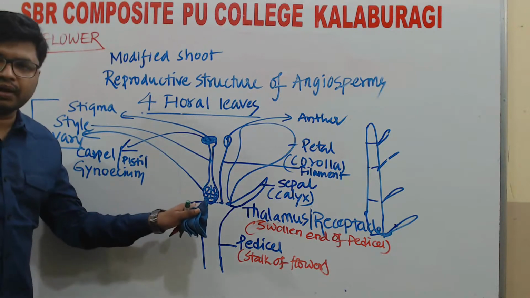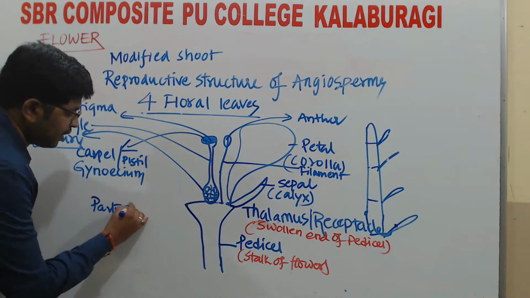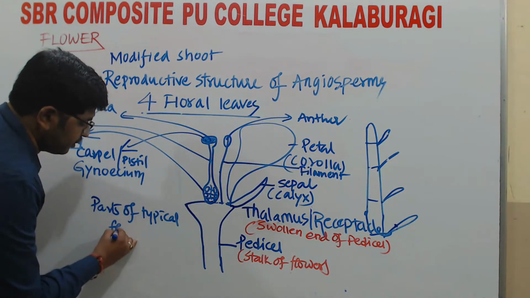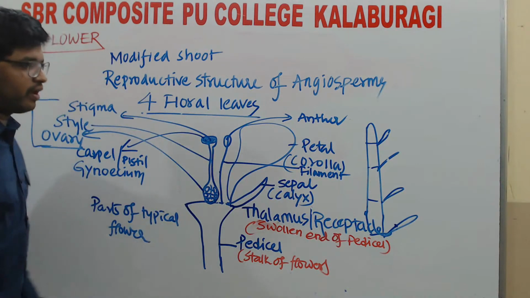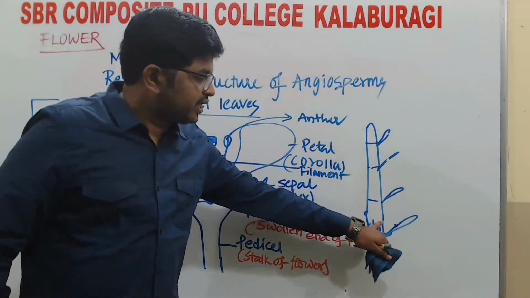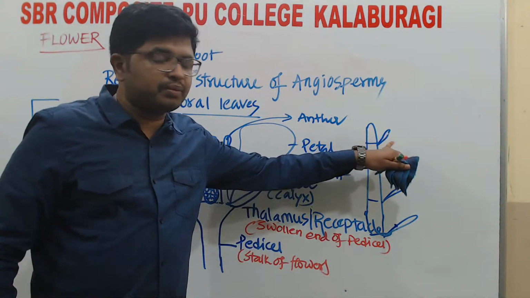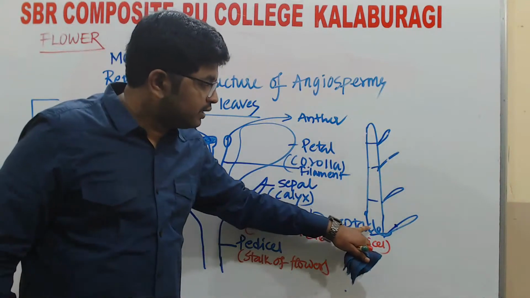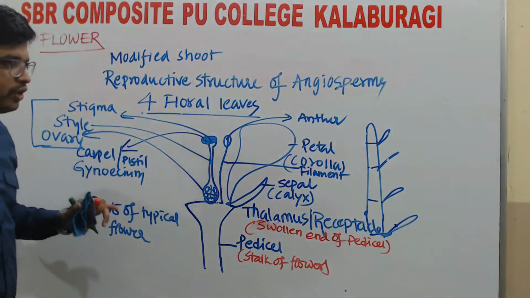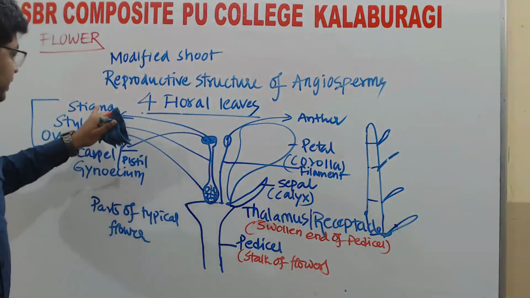So this is how a typical flower is. These are the parts of a typical flower. Now, as you can see in this diagram, earlier it was just a stem which had nodes. When the shoot apical meristem transformed into floral meristem, instead of leaves, the floral leaves are formed. What are the floral leaves? The sepal, the petal, and the stamen.